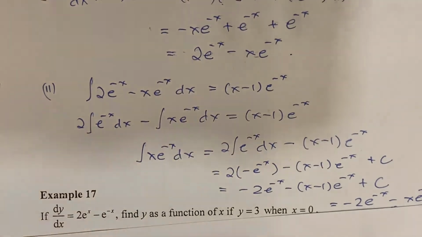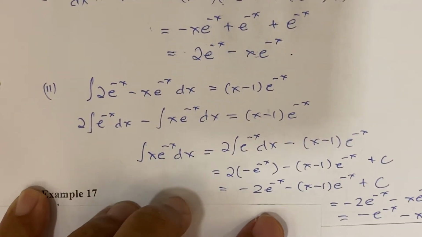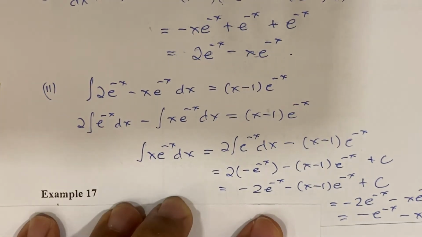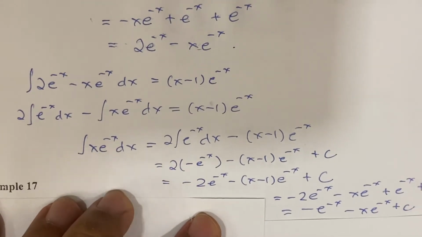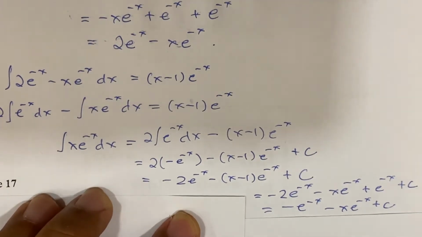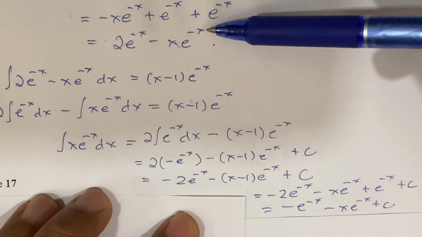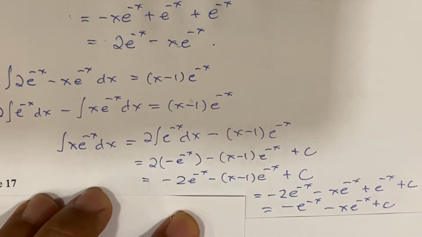Let me just cover this question, and when I simplify, I'm going to get this. The main idea to this question is that you actually have to use part 1 to do part 2, and you need to rearrange.